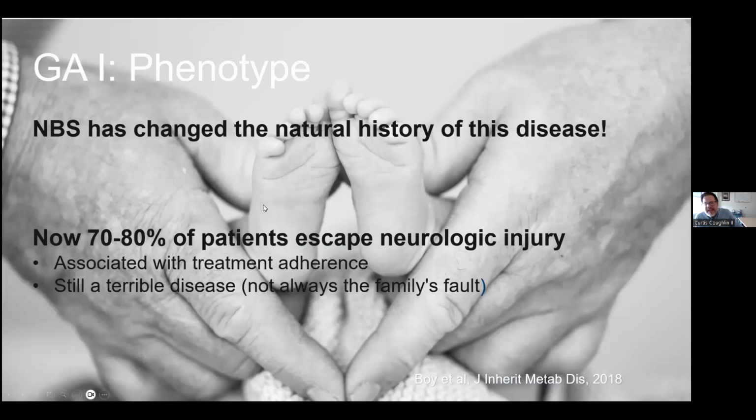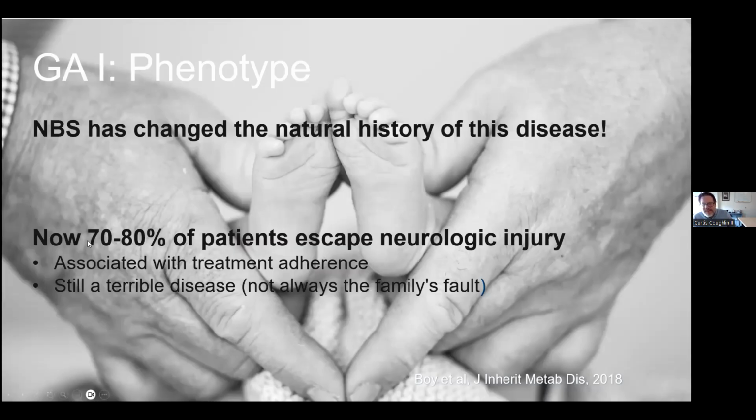So newborn screening has really dramatically improved the outcome in this disease. We sort of switched that now, where 90% of patients had a striatal injury and 10% didn't. Now it's 70 to 80% of patients have no striatal injury and 20 to 30% do.